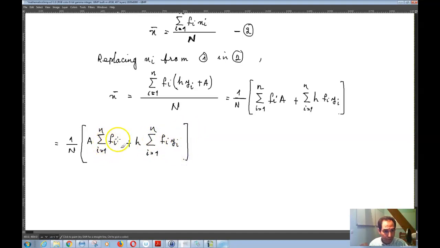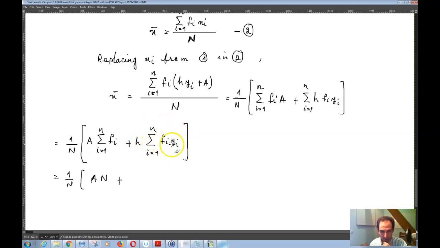And you know that sigma f of i as i goes from 1 to n is equal to capital N, right? So that's the same thing as 1 over n times a times capital N plus h times, now sigma f of i y of i as i goes from 1 to n times 1 by n.